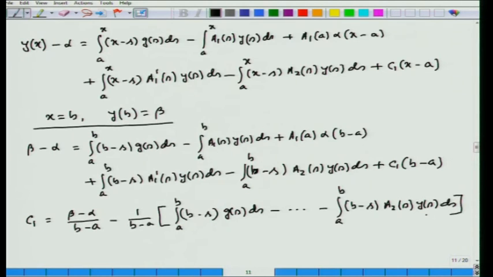So, now we have to substitute this expression for c 1 into here, where y x minus alpha is given by this expression.